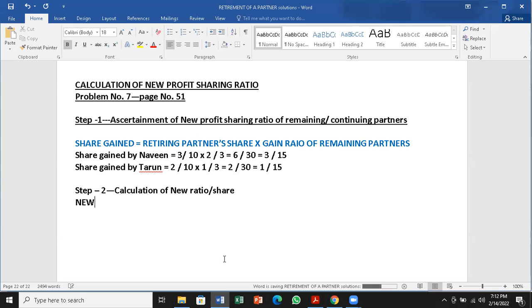So next, new share is equal to, like we had done earlier, old share minus share gained.